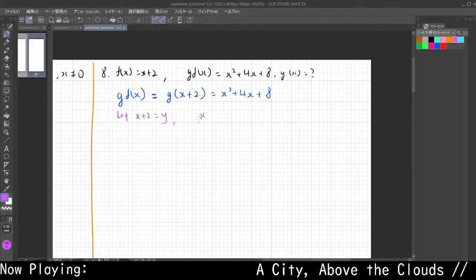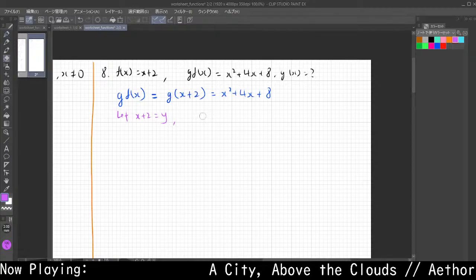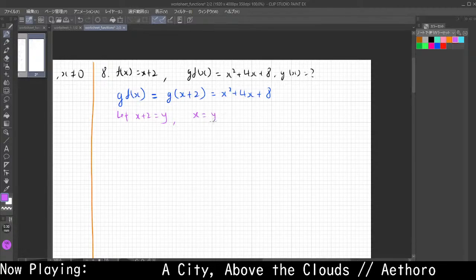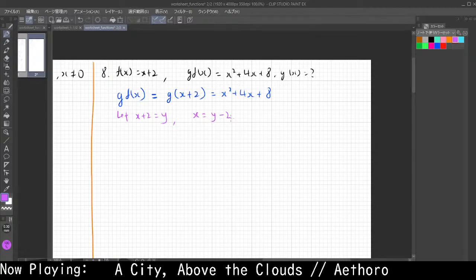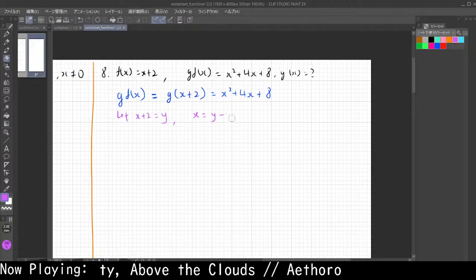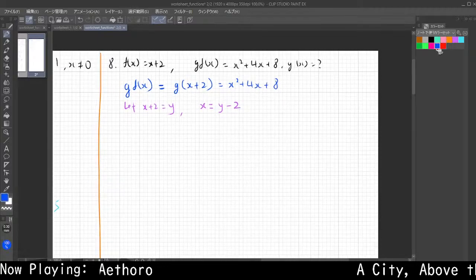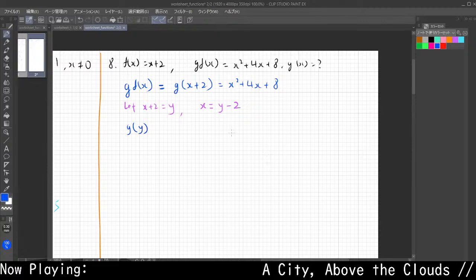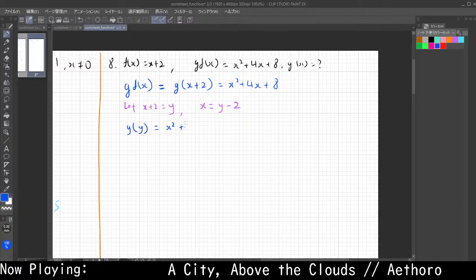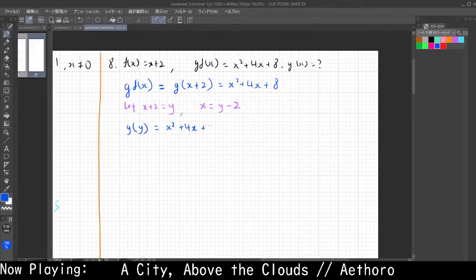Therefore, to find x in terms of y, x equals y minus 2. Then my g becomes g(y), x plus 2 becomes y, and this is still equal to the original expression.